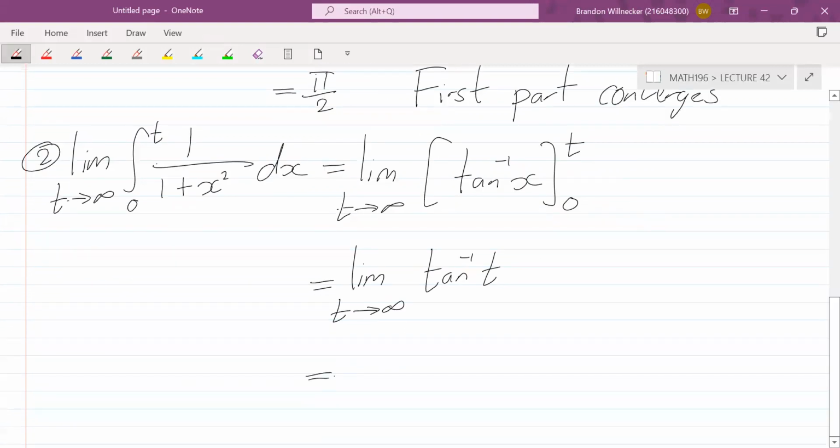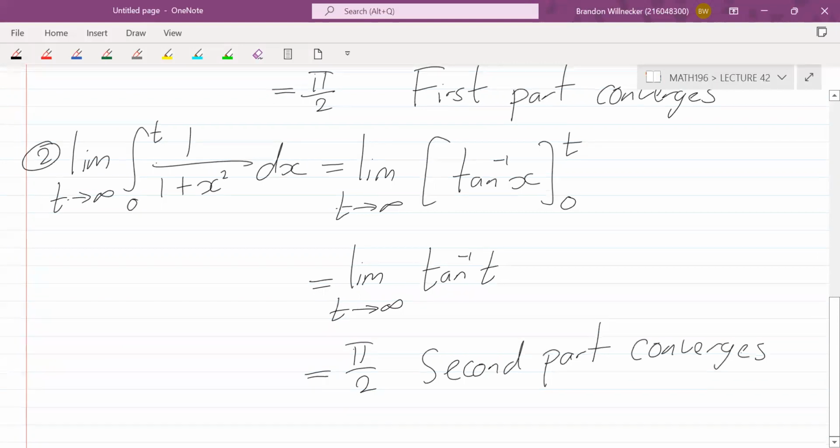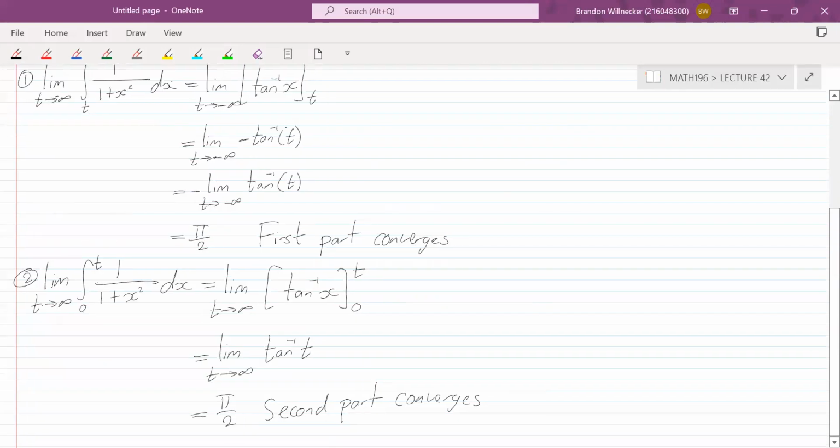Now, as t goes to infinity, the arctan of t is going to approach pi over 2, which also converges. Okay, it's a finite number, so the integral converges. So the second part converges. So we've got that the first part converges to pi over 2. The second part converges to pi over 2.